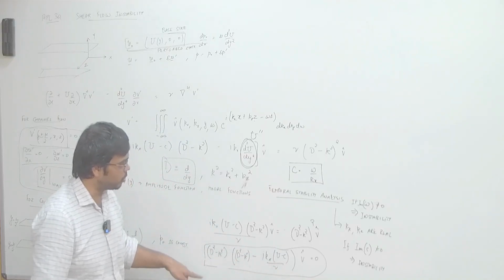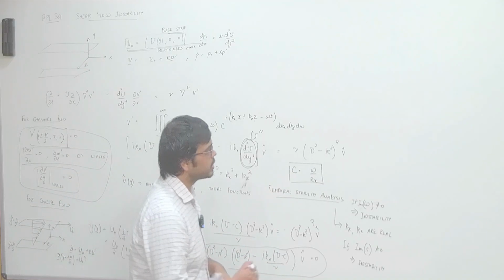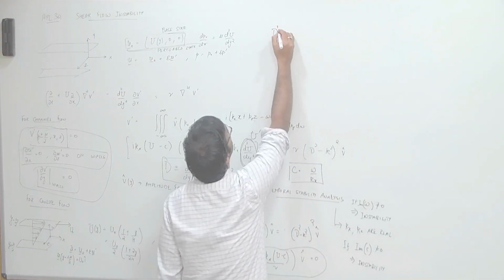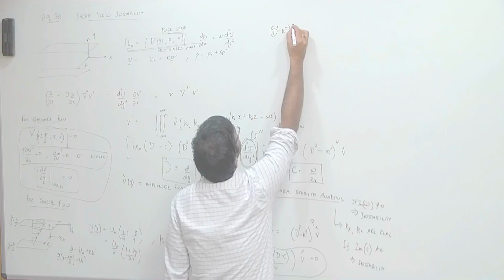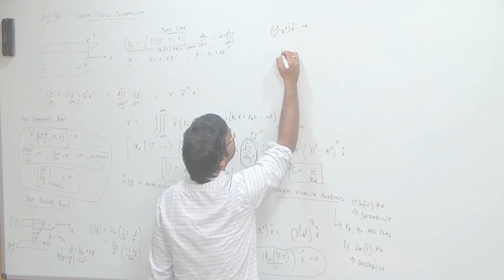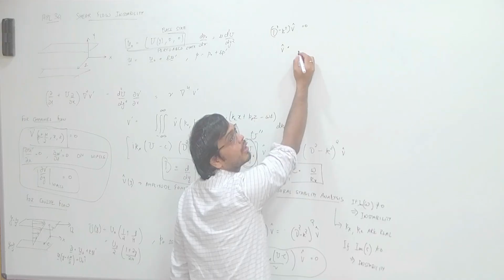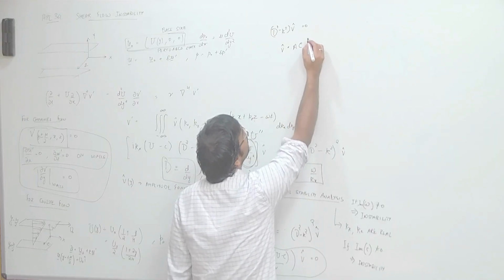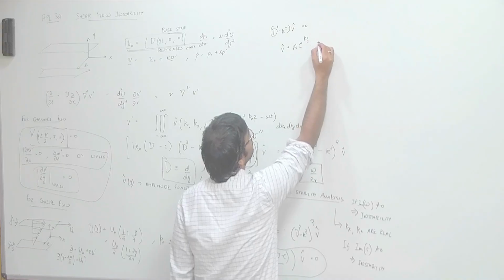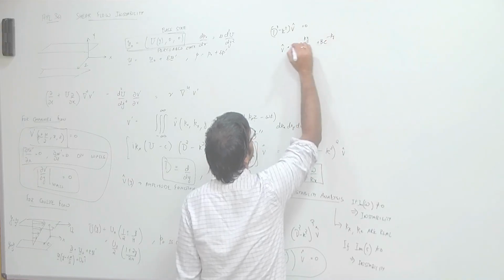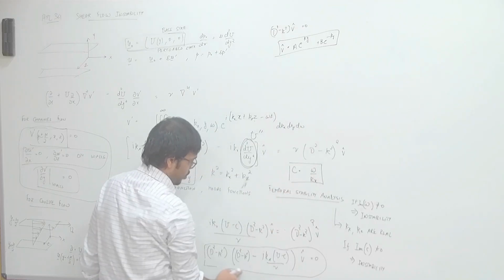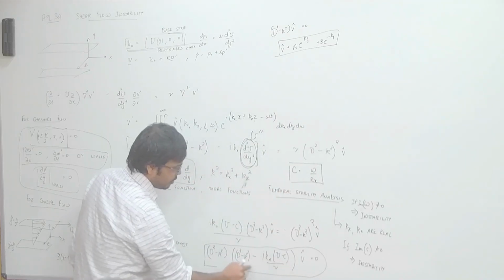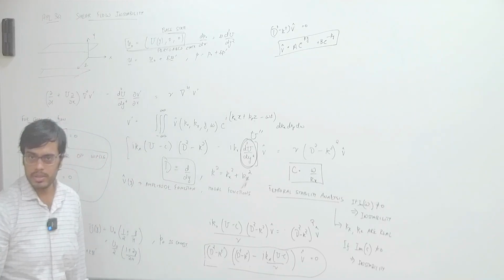This is simply a fourth order ODE. Okay, so for example, if I gave you this, what is the solution of this? V hat equals a e to the power ky plus b e to the power minus ky, right? Those are the two solutions for just one of this operator. For the other operator also you can solve this.